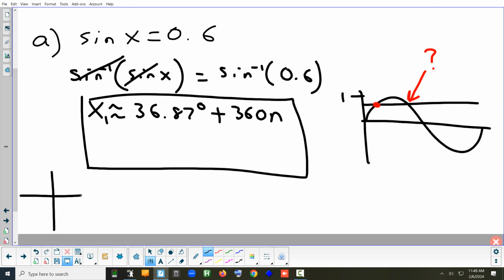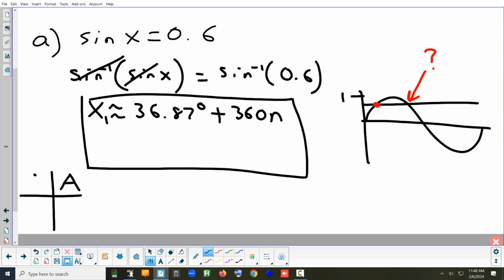Anybody remember the diagram we had? Anybody remember that chart, the letters that go in the boxes? Yeah, All, Students, Take, Calculus.